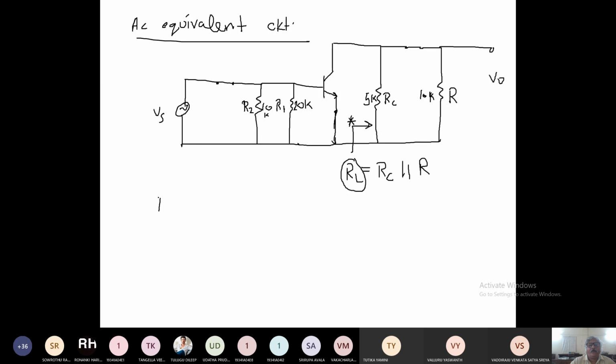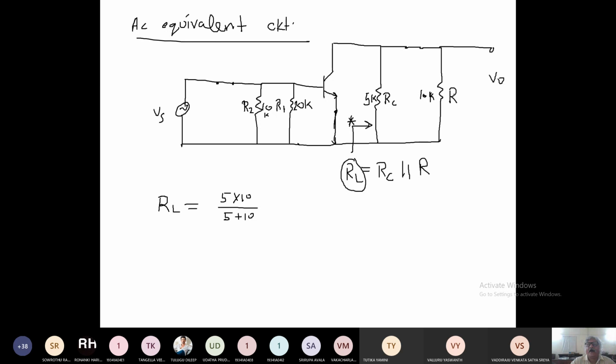So the value of RL is 5 into 10 divided by 5 plus 10, right?